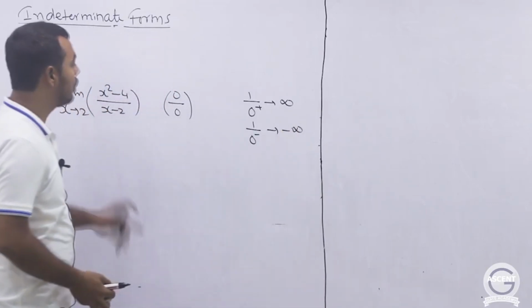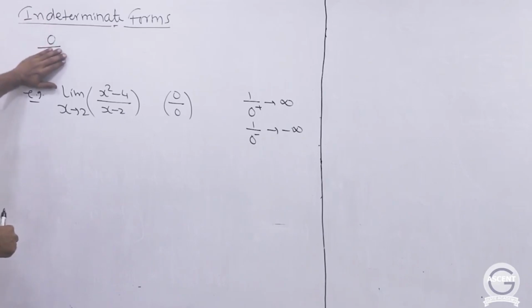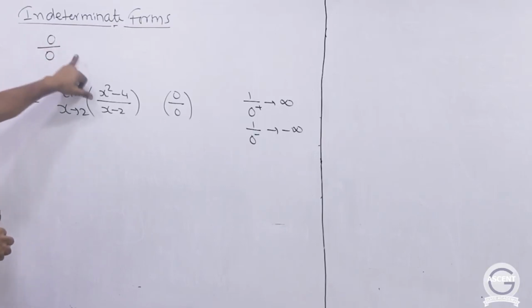So if you see the denominator only, then this fraction should be either plus infinity or minus infinity, depending on whether the numerator is positive or negative. And if you see the numerator only, then this fraction should be 0. So this form is called an indeterminate form, because numerator and denominator are giving us different values for the fraction.